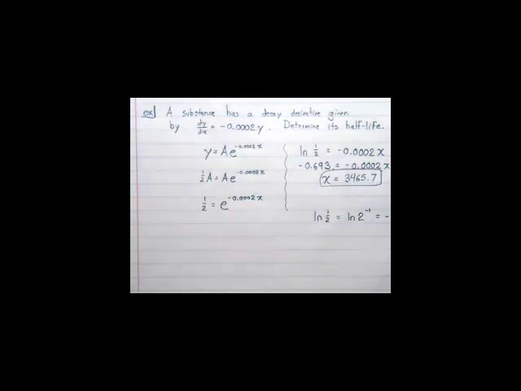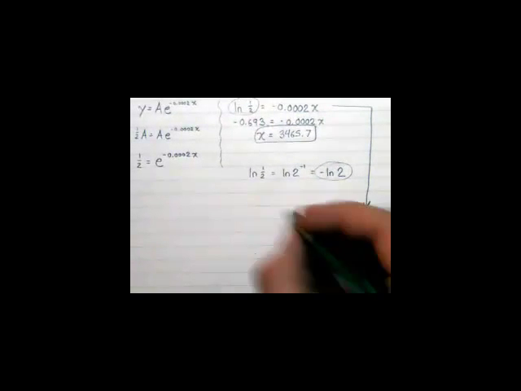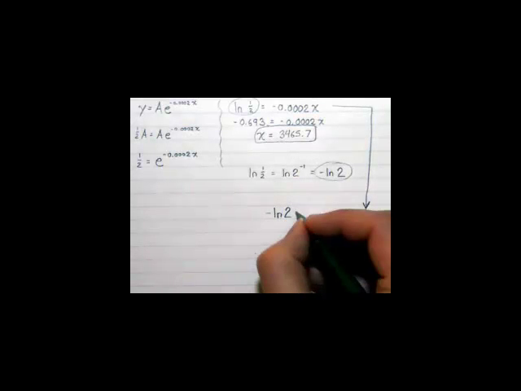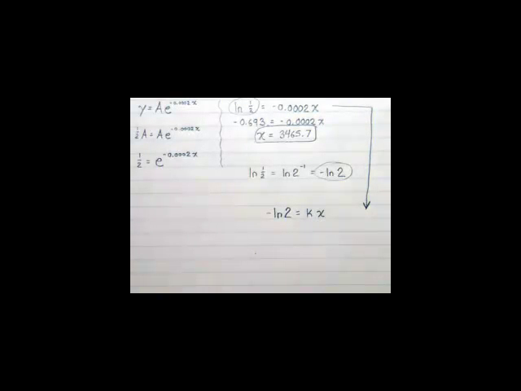So I'm going to take this right here, and I'm going to generalize what we just did for a second. Okay, so this is the same thing as that, right? So for these, negative natural log of 2 equals kx, right? My k in this case just happened to be that negative 0.0002. So I'm going to show you a little shortcut here.